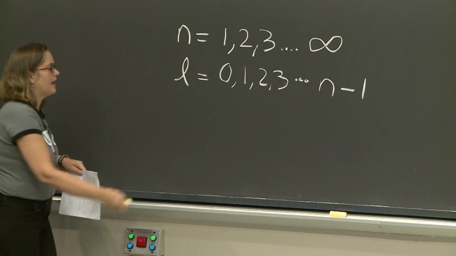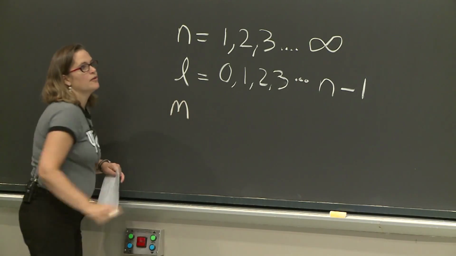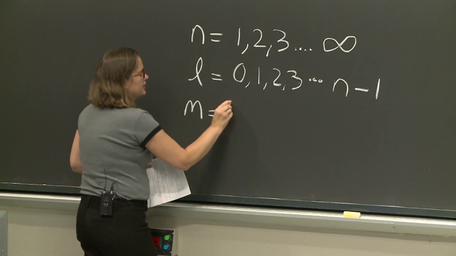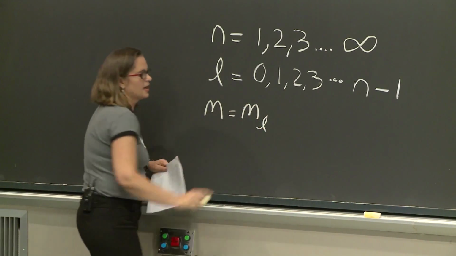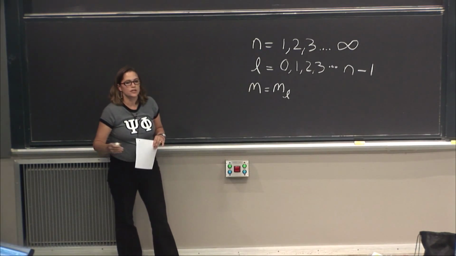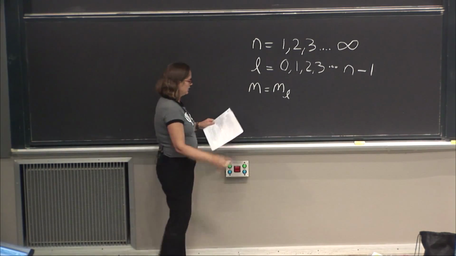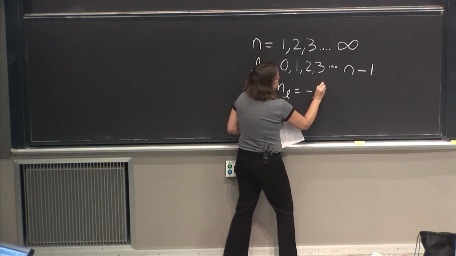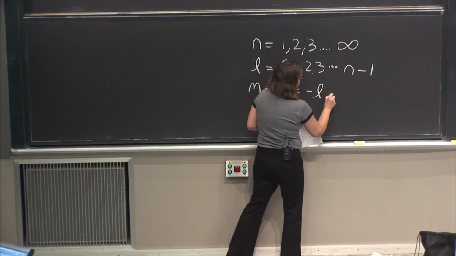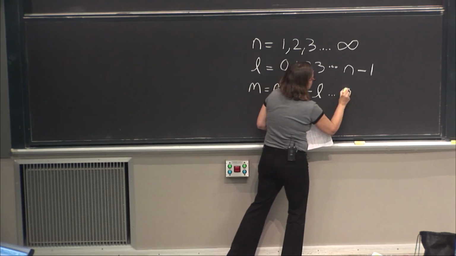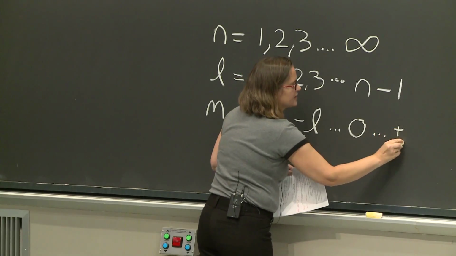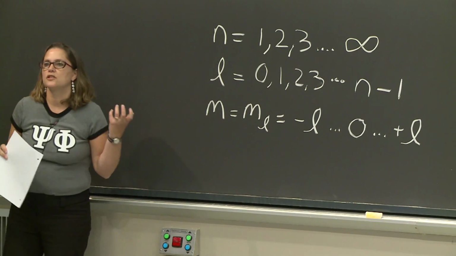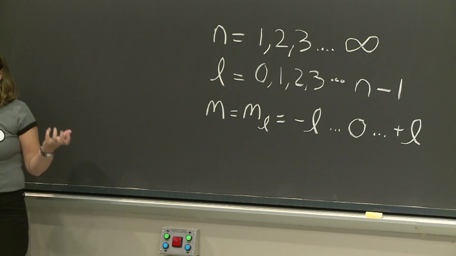Then we have m, the magnetic quantum number, and we often see this also listed as m sub L, because m is related back to L. And this is equal to minus L, dot, dot, dot, to 0, dot, dot, dot, to plus L. And m describes the behavior in a magnetic field.